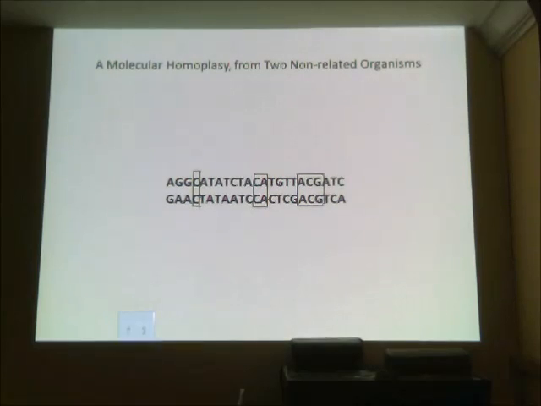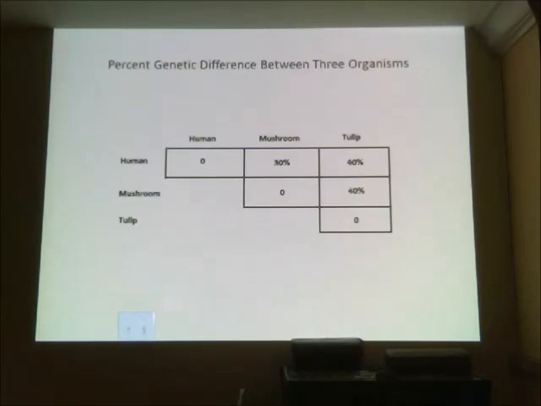If we look at this next slide, here I've got 3 organisms, a human being, a mushroom, and a tulip. We're going to look at the genetic difference between all 3 of these organisms. An organism with itself obviously doesn't differ, so human to human is 0.